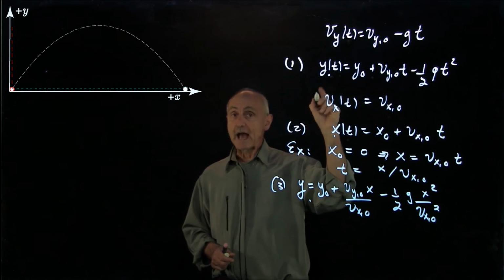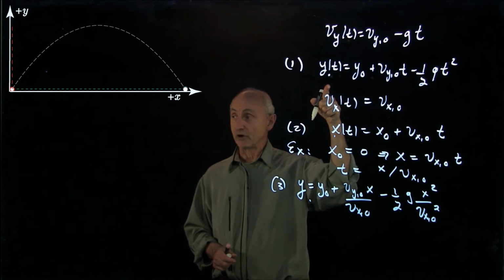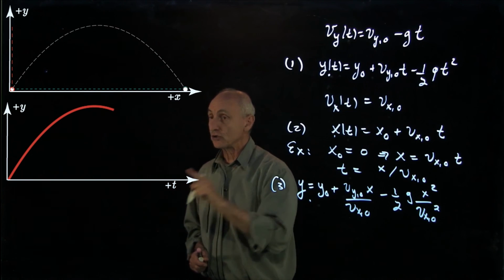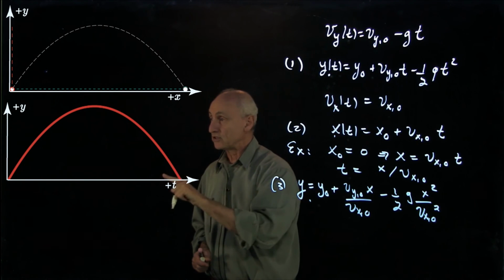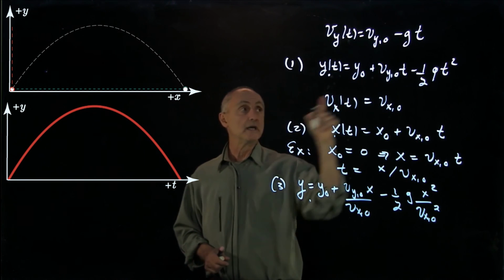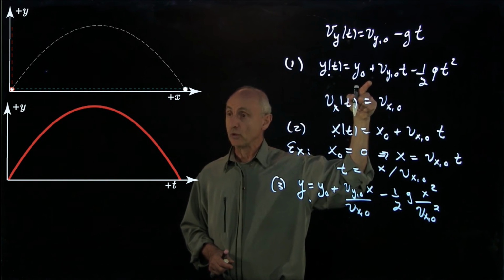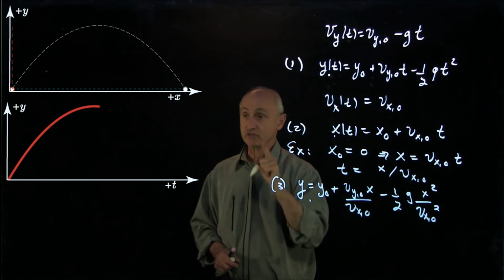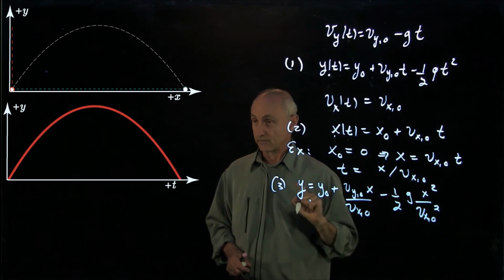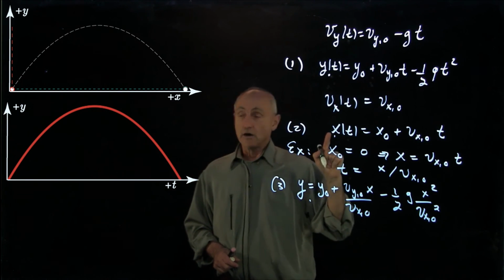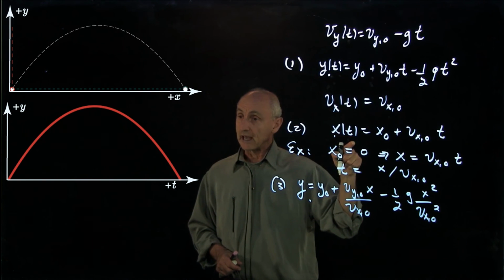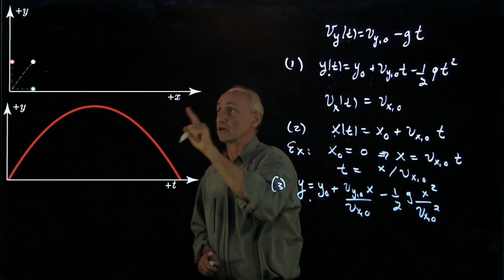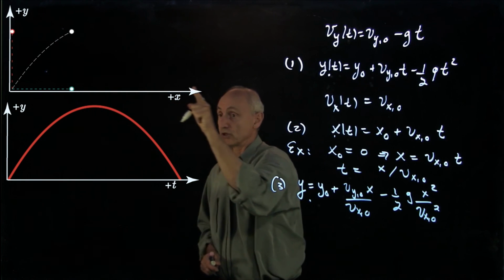Now, if we wanted to actually plot out y as a function of t, then here we can look at the simulation where we're just looking at the y component, and you can see that that motion too is a parabola. However, what's crucial to look at is that it's y as a function of t and not y as a function of x. Finally, we can look at the horizontal motion, and again recall that when we looked at the trajectory as y as a function of x, you can see the horizontal motion component.